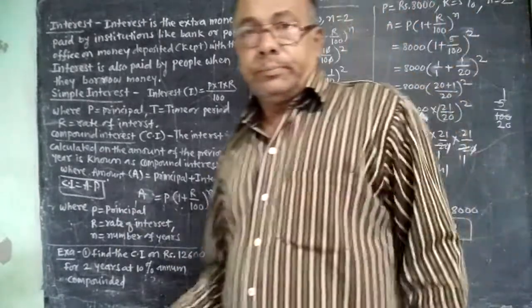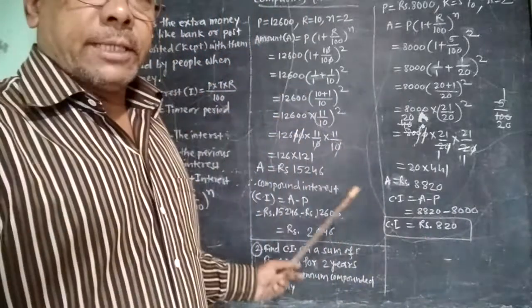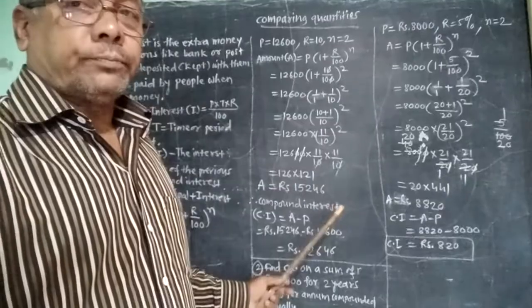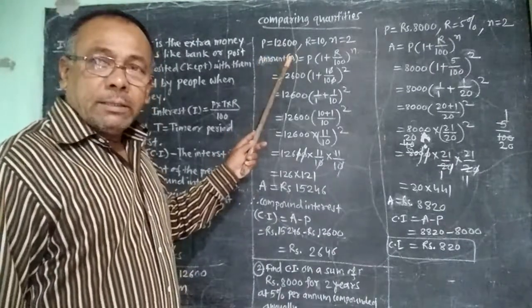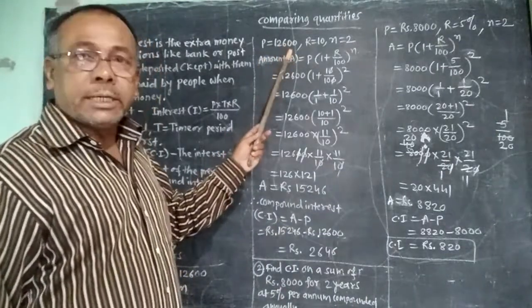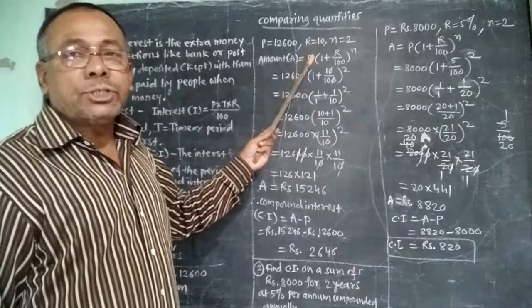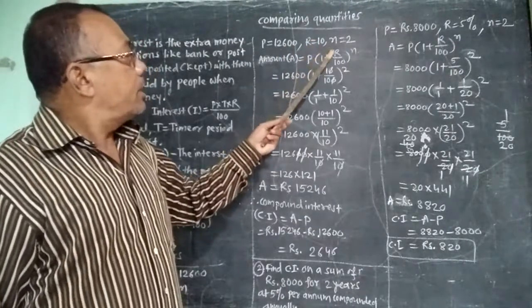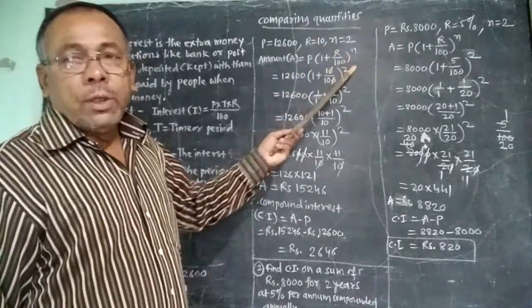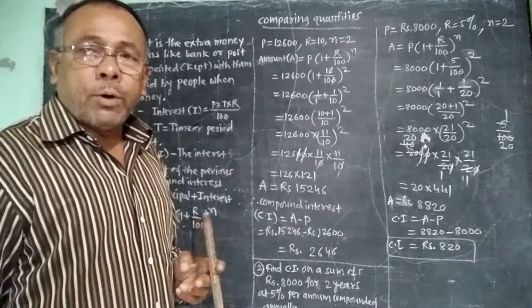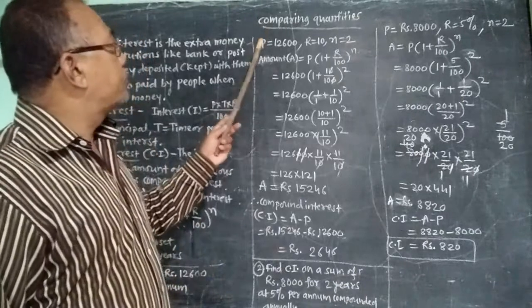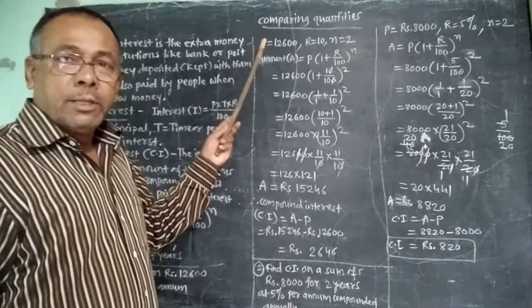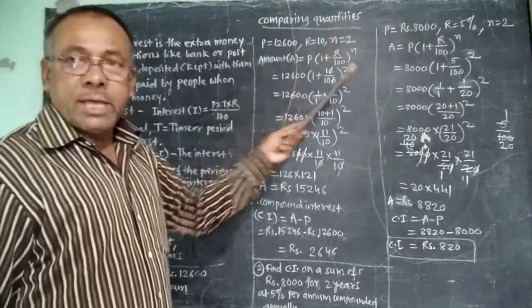Now here, to solve this example, P means principal is equal to 12,600, rate of interest is 10, and N is equal to 2. For yearly compound interest, there is no change in the original values of P, R and N.